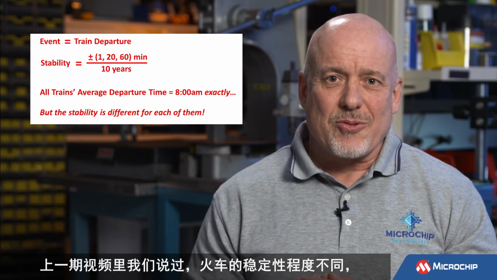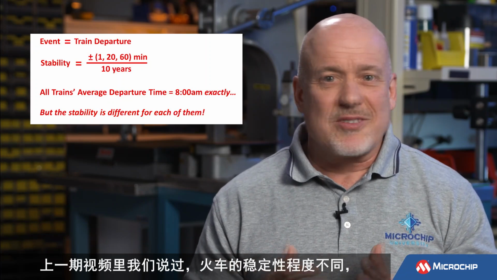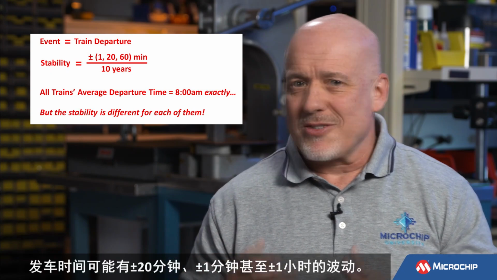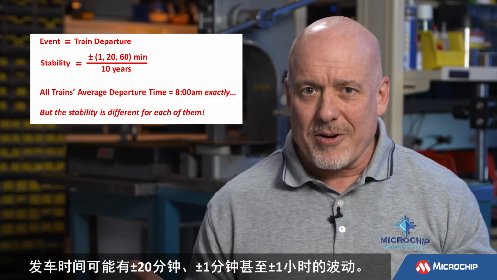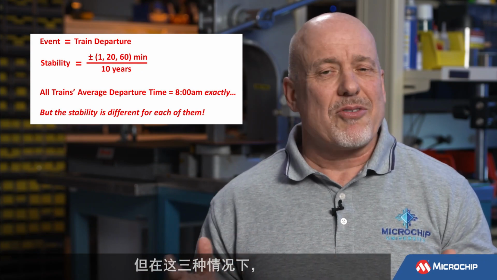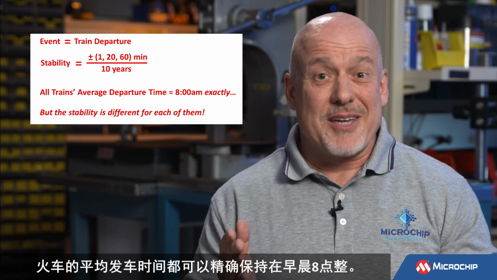So in the previous video, we talked about a train which had varying levels of stability because its departure time window could have been plus or minus 20 minutes or 1 minute or 1 hour, but the average for all of those cases, all three of those trains, could have still been exactly 8 a.m. So the average is the same, but the stability is different for all of those cases.